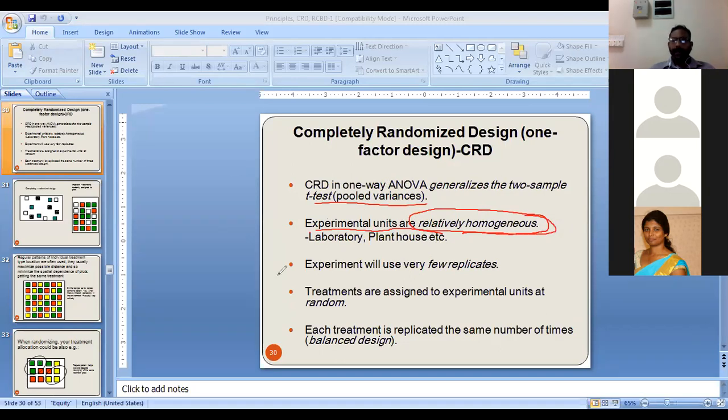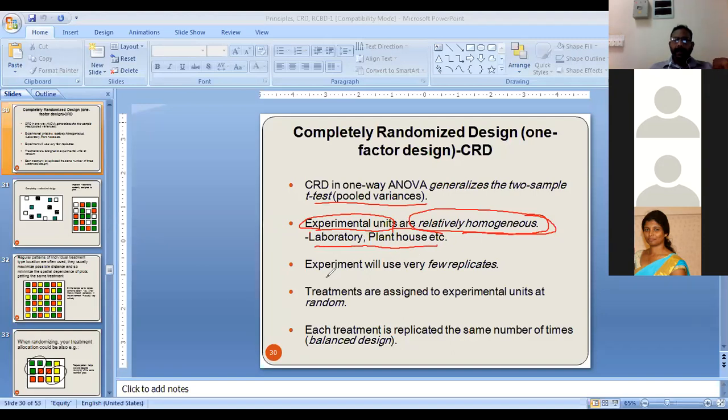We talked about the experimental unit in our first class. An experimental unit could be a small plot, a pot, or a petri dish. Any kind of material can be considered an experimental unit, right? Some examples of homogeneous settings are laboratories, plant houses, etc.